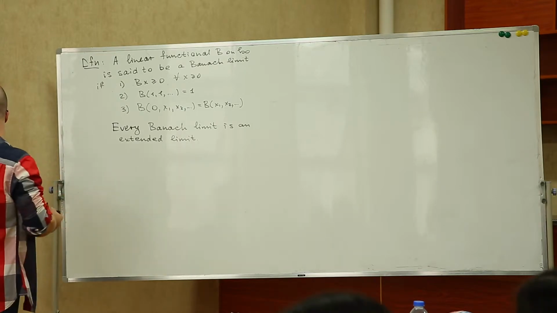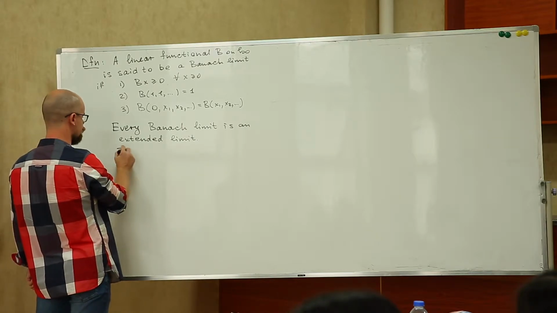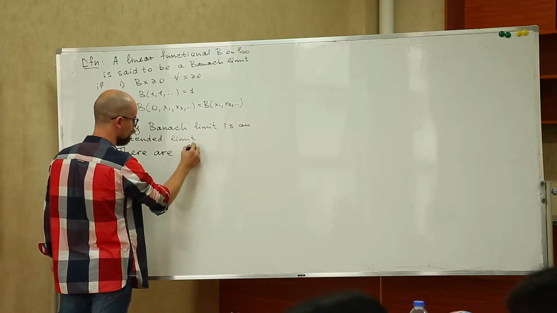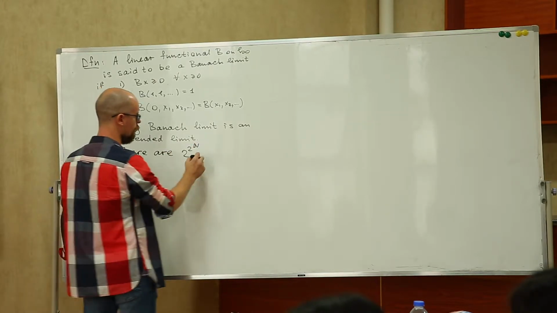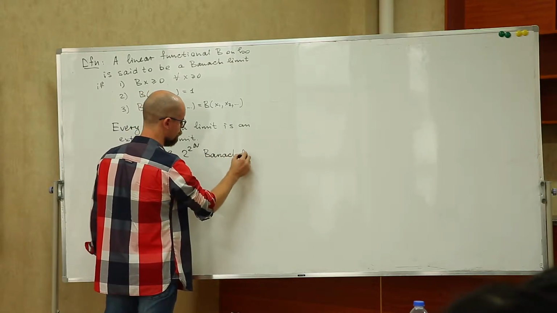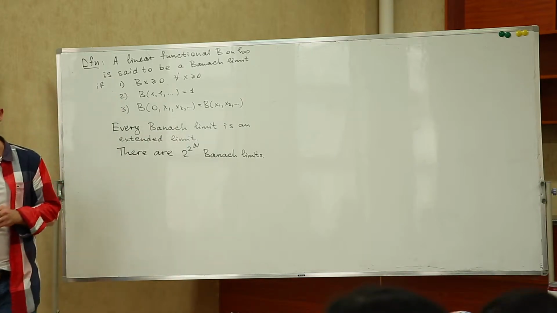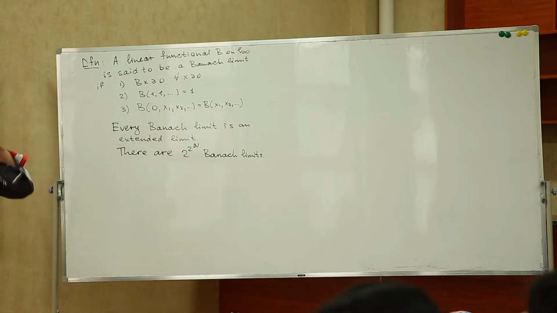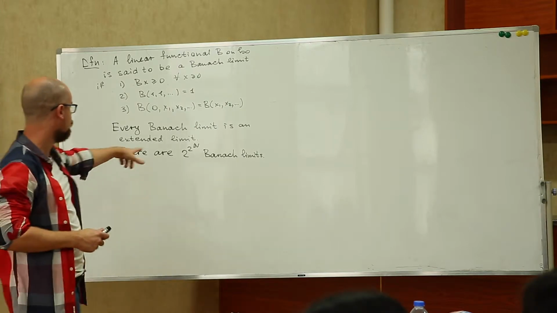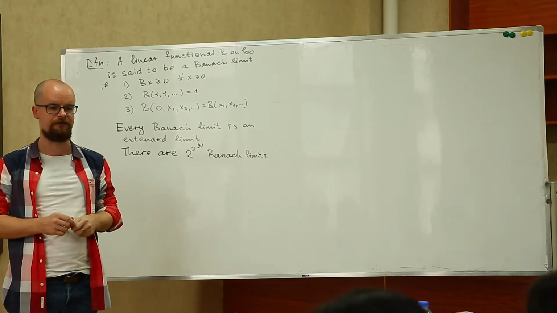And since we started to talk about all these things, I will also say that there are 2 to the power of 2 to the power of n Banach limits, exactly the same cardinality. And there are several subsets of Banach limits of the same cardinality. So these are very peculiar sets.